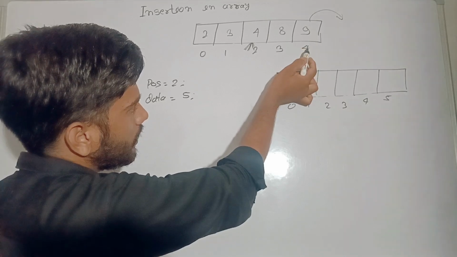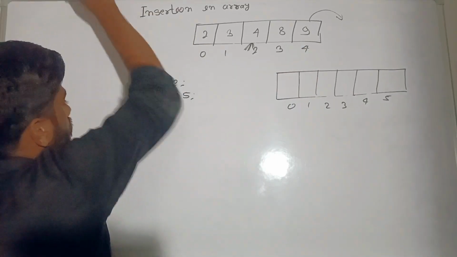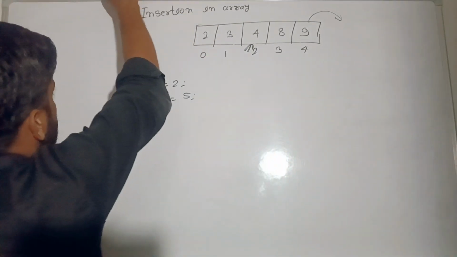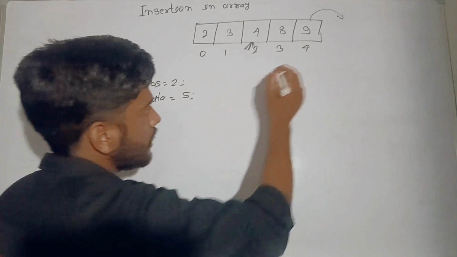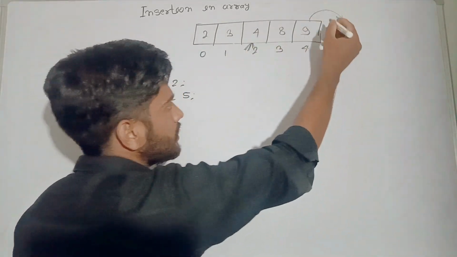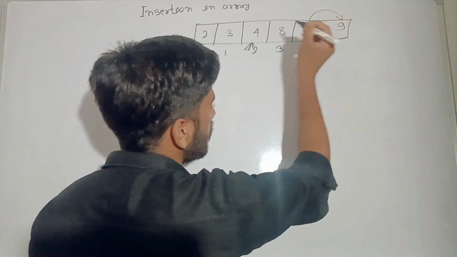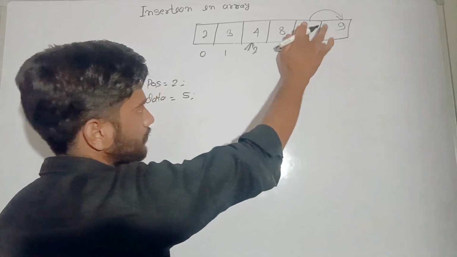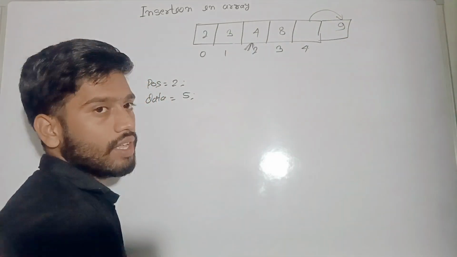If we can skip this, only analyze with the help of this. If we can shift this 9 here by 1, okay, now 9 is no more here, 9 has been shifted by 1.